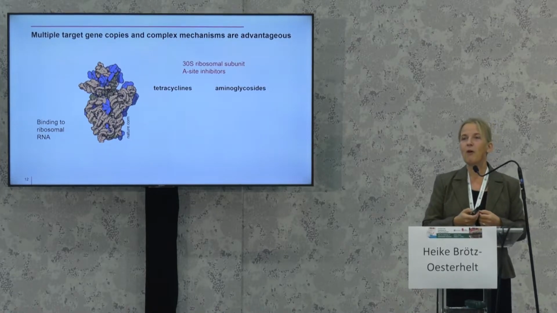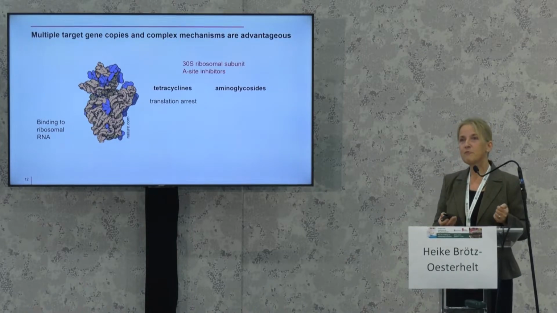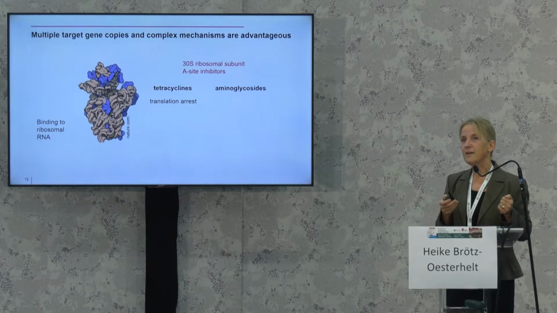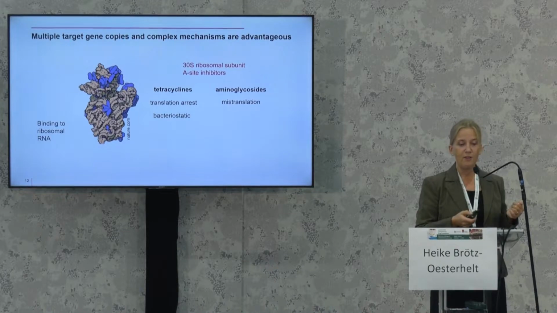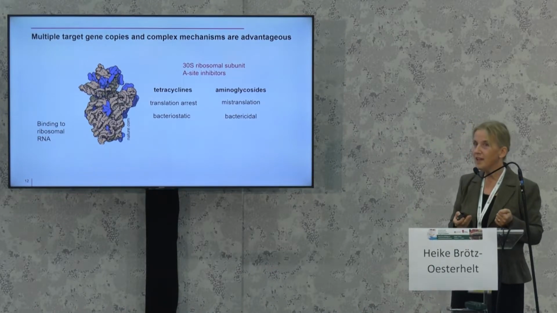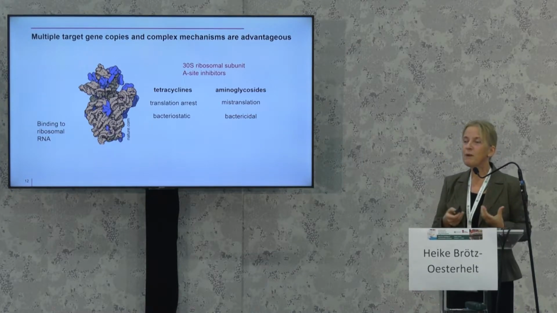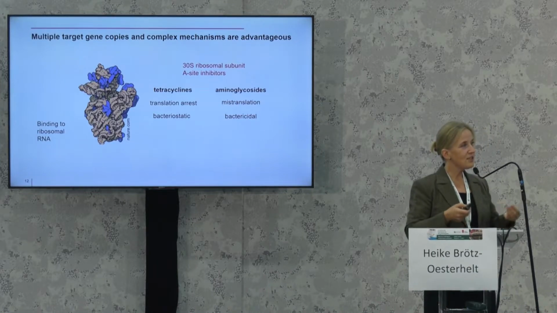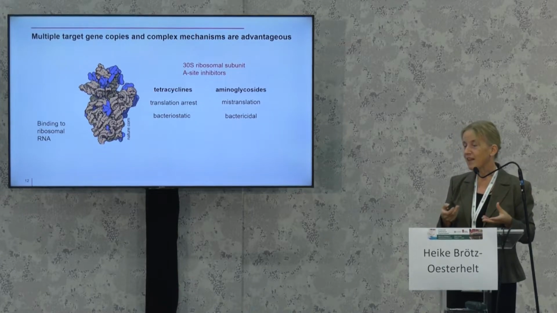If you also compare two 30S binders, tetracyclines and aminoglycosides, they both bind close to the A site. Tetracyclines cause translation arrest, while aminoglycosides cause mistranslation. The first gives you a bacteriostatic response, the second a bactericidal one. And why is that? Because the cell obviously can cope much better with the situation where translation is just stalled, because it knows it from nature.